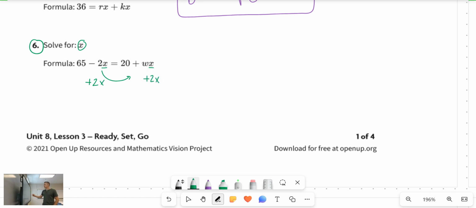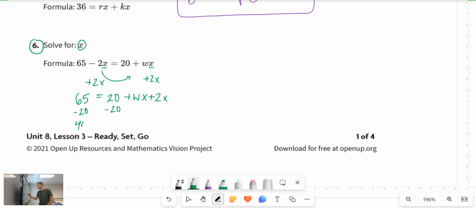Okay. And when we do that, we will have 65 equals 20 plus wx plus 2x. Then this 20 is on the wrong side. So let's subtract 20 from both sides. Minus 20, minus 20.